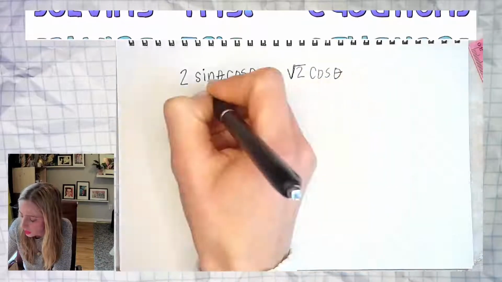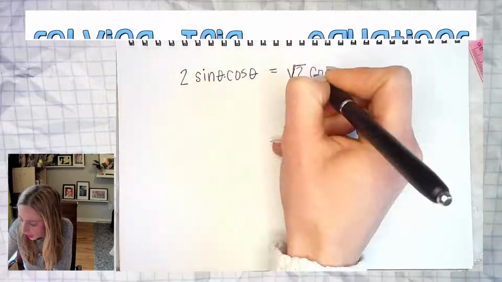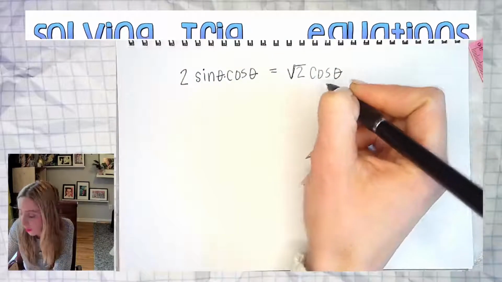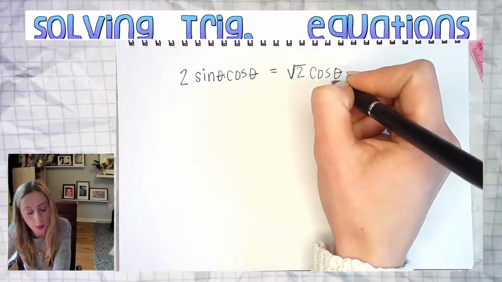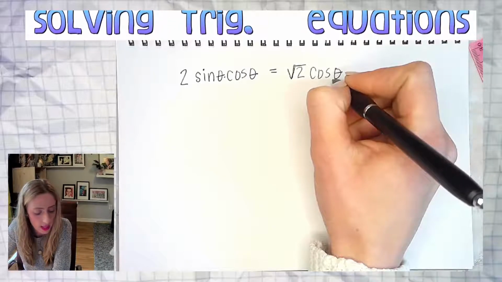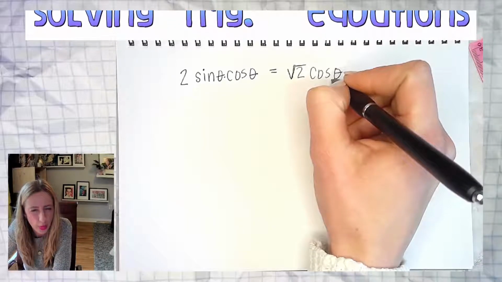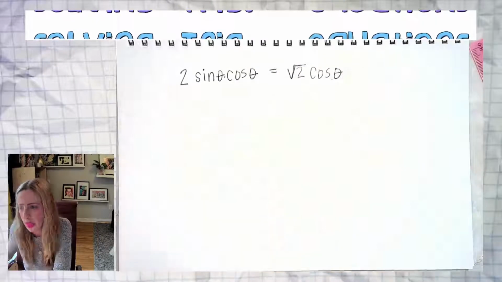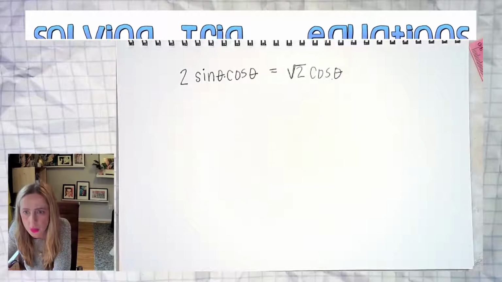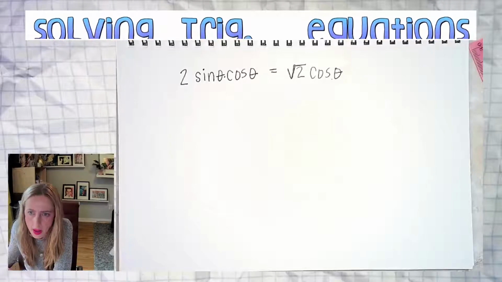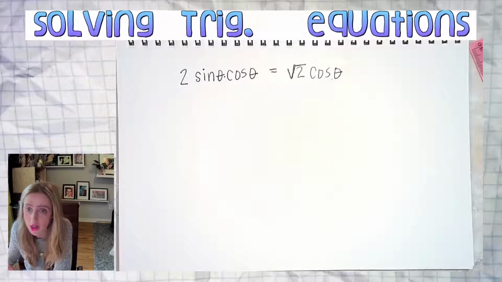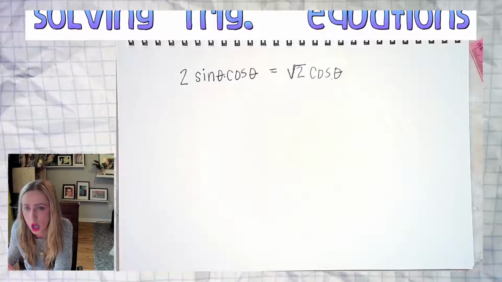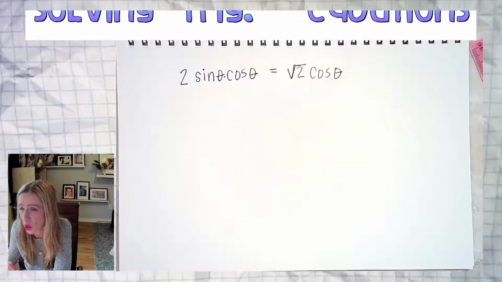But what I want to do to solve this is I'm going to end up factoring out a greatest common factor. This is similar to a couple other examples that we did. If you look at numbers 1 through 6, in the original packet, I believe. I'm going to glance at it so I could tell you exactly what numbers. But it's very similar to number 3, which was 2 cosine theta sine theta equals cosine theta.